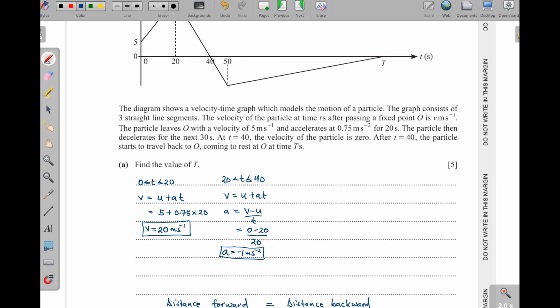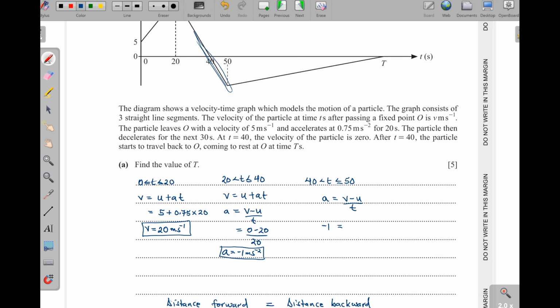Then now let's go to 40 less than t less than or equal to 50. So here again we have acceleration, which is equal to v minus u over t. The acceleration, we have seen, is -1.